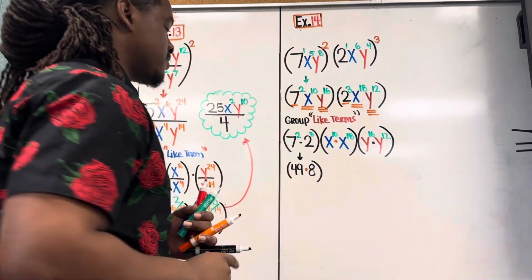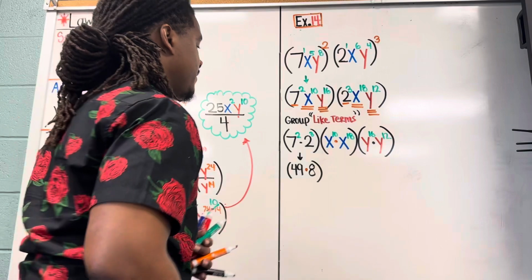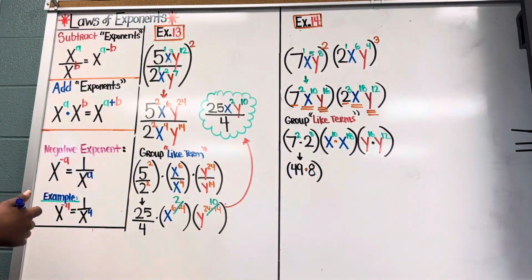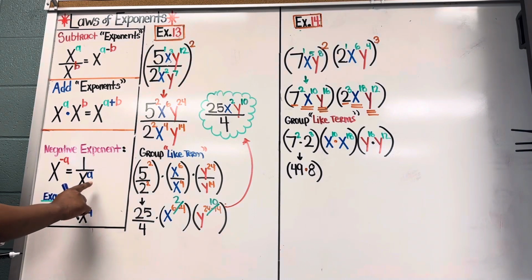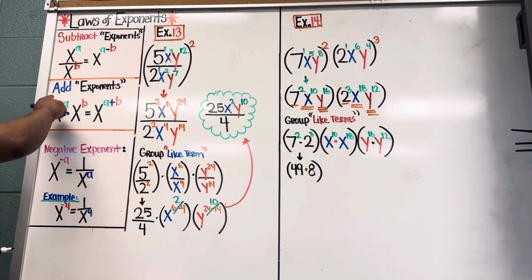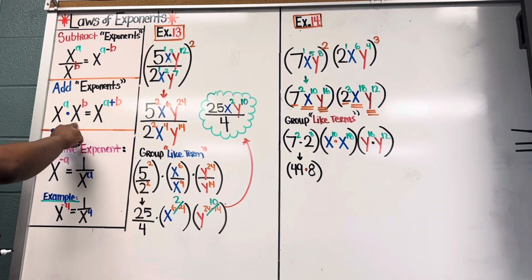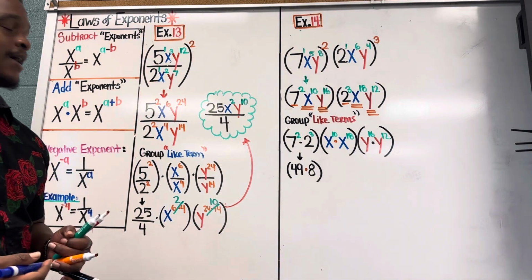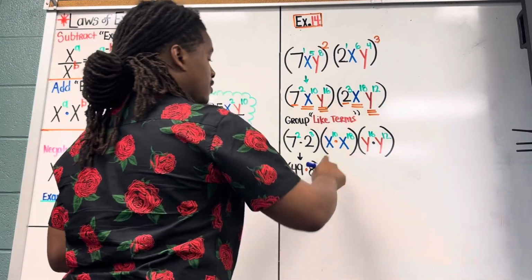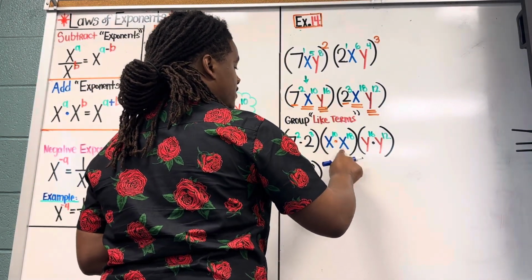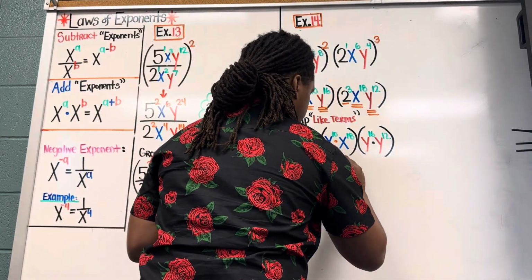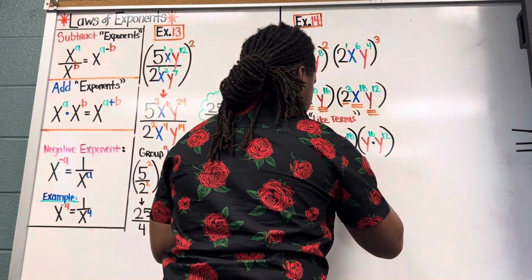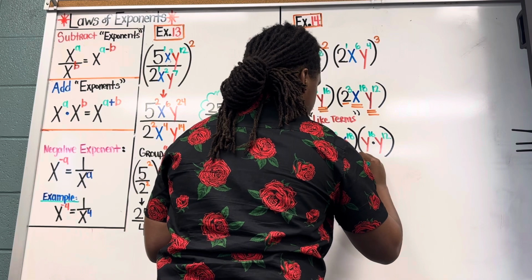Now, remember our rule, if you can see it on my screen: whenever we're multiplying values that have exponents, we're going to add the exponents as we multiply those variables. So we have x to the 10th power times x to the 18th power. That's going to turn into x to the 10th plus 18th power.